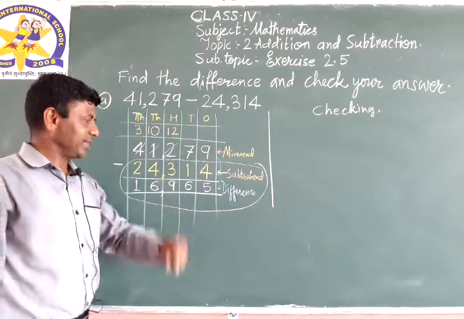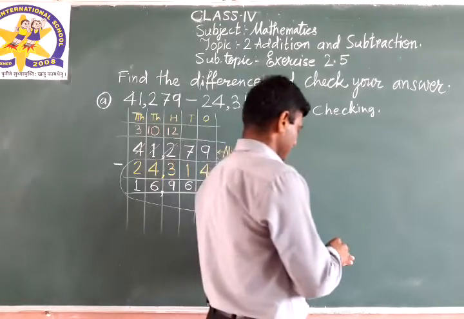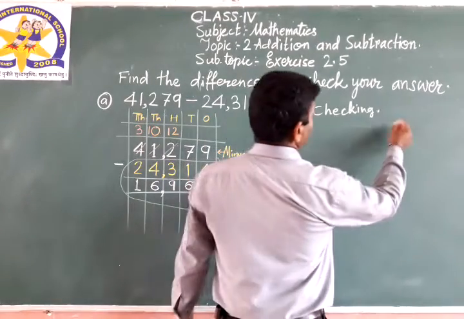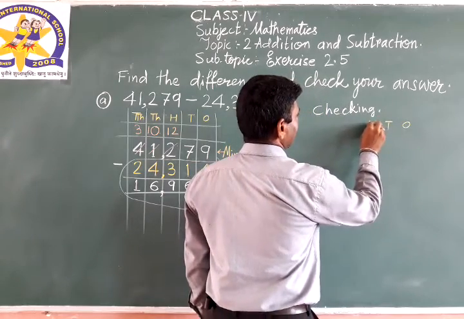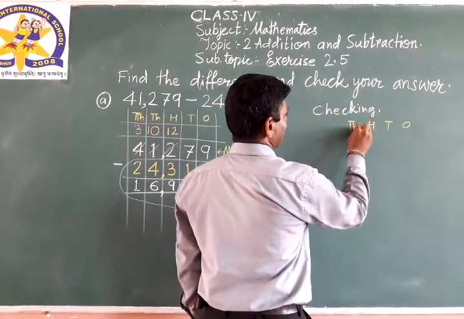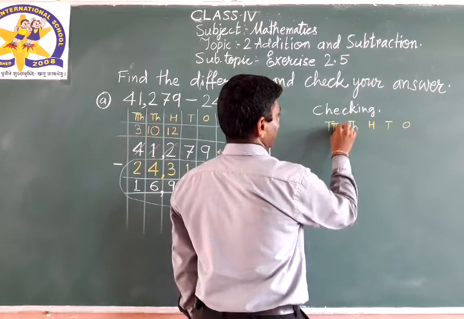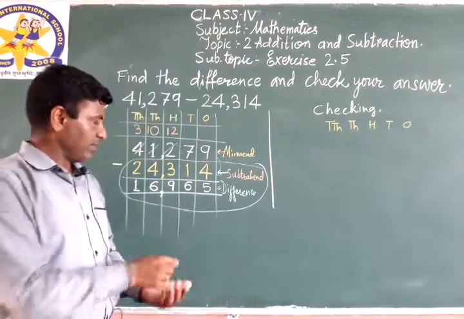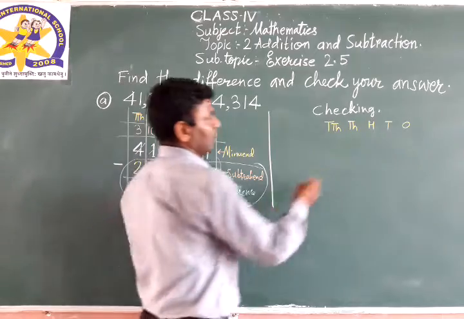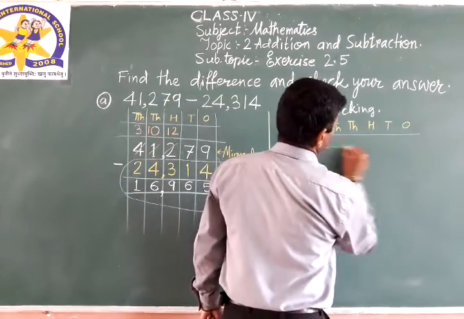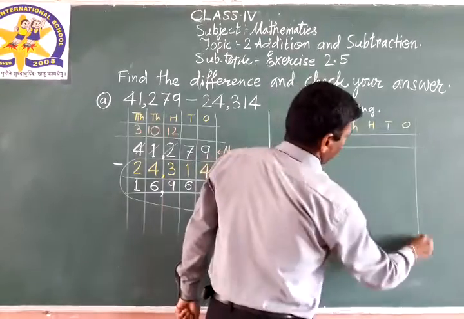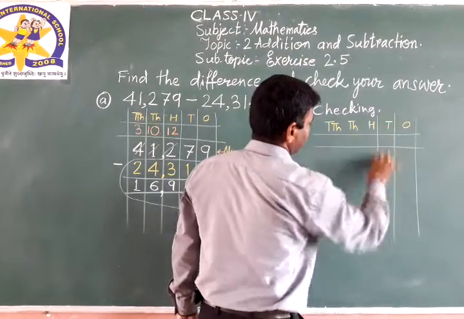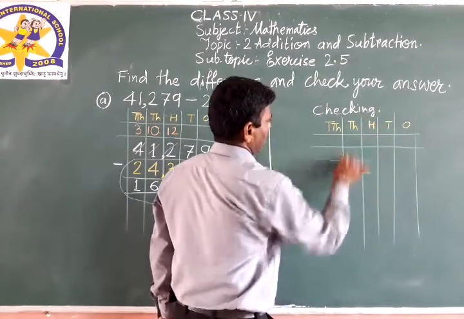So let's check. Write ones place, tens place, 100 place, 1000 place, 10,000 place. Draw the columns up to 10,000. Leave space for carry. Draw with the help of a scale, proper columns.